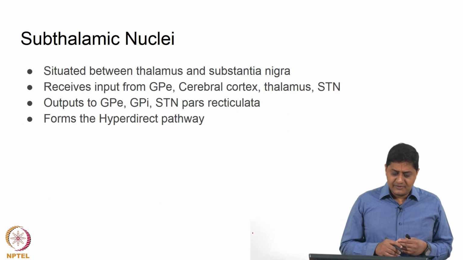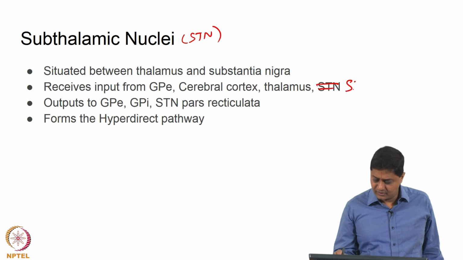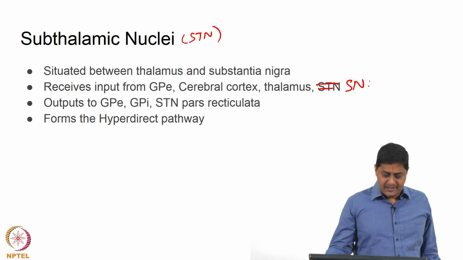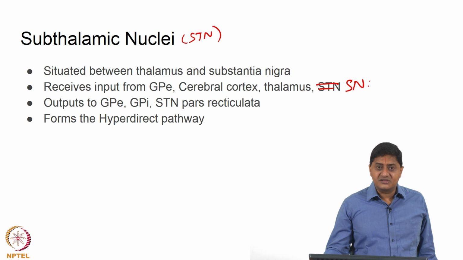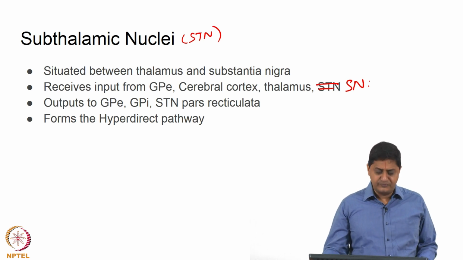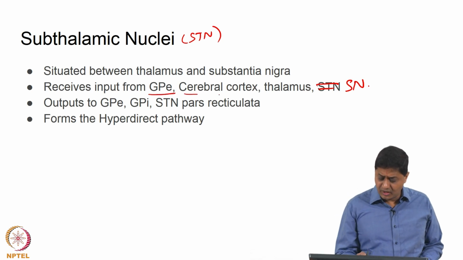And we said what is the subthalamic nucleus. This I am going to call ST, and the substantia nigra I am going to call SN. Okay. The subthalamic nucleus is actually located between the thalamus and substantia nigra. It basically receives input from multiple places, from the globus pallidus external, from the cortex also.